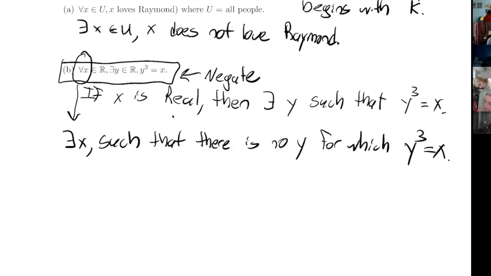And so that would negate the original statement. We just need to find one such X that doesn't have a corresponding Y value for that to hold.